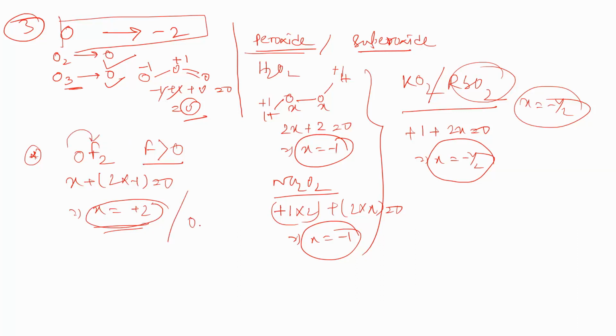For O2F2, what will be the case? It will give the +1 oxidation state. So from that rule, we have to know the structure, and also which type of element or metal is attached to the oxygen. Based on that, it will give the oxidation number.